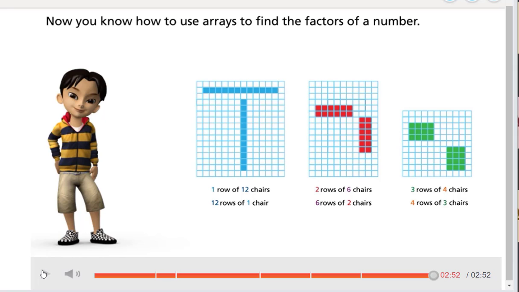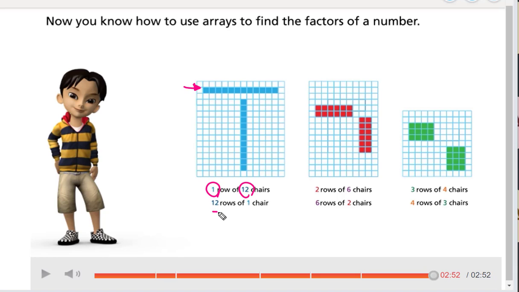Okay, my heroes, before we move back to the book, we need to focus on this part: what are the factors of 12? 1 and 12, because we can make one row of 12 items.